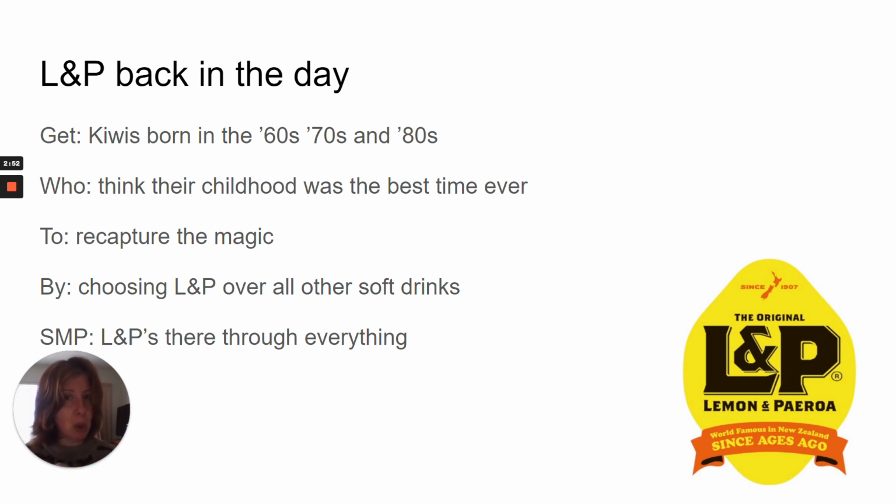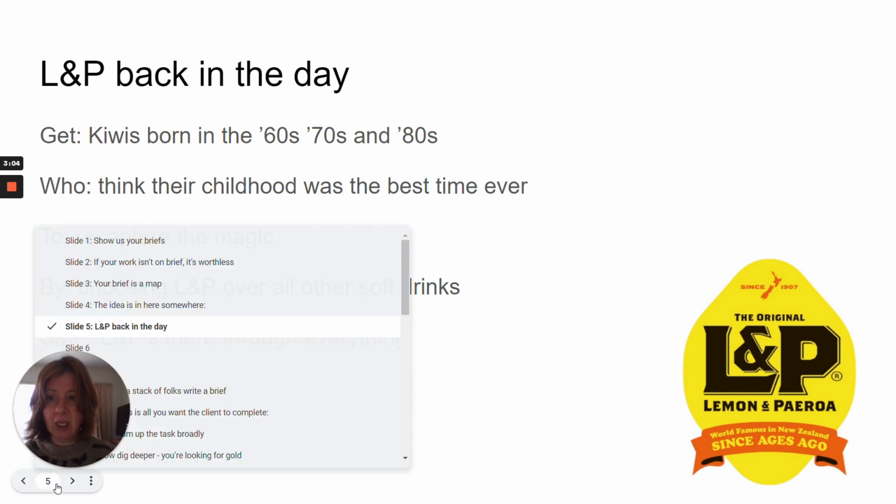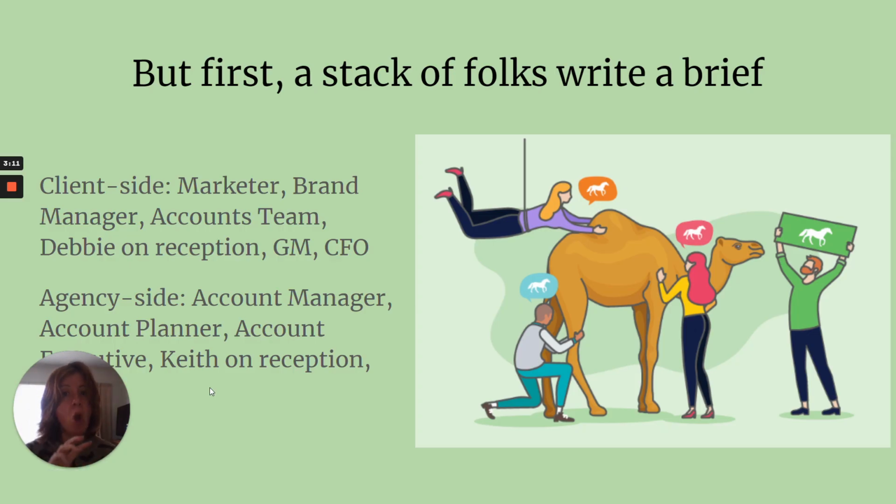And the SMP, which we'll talk about in a little bit, the single-minded proposition that the ad needs to communicate, is that L&P's there through everything. So come back and have a look at the two ads that are in here. We're not going to do that right now, but there's a couple for you to have a look at, and you can decide for yourself whether or not those ads fit that summary.